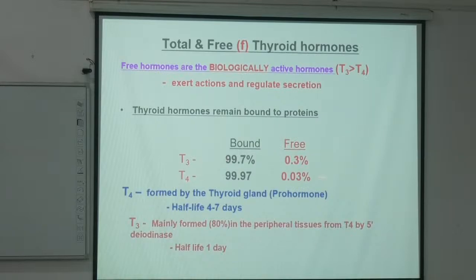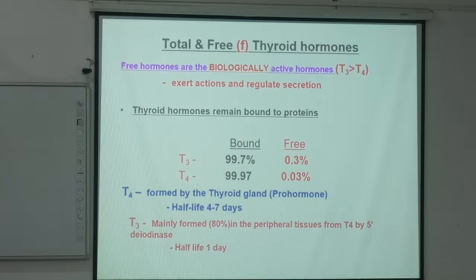Similarly, T4 is 0.03% free, and that exerts the action. So that free form and the bound form are in a dynamic equilibrium. So when there is less supply of free T4, from the huge stored amount of bound form, some amount is released to become available to be biologically active.